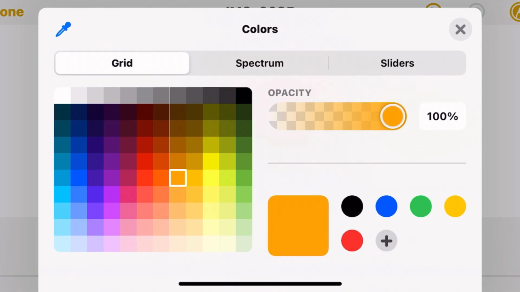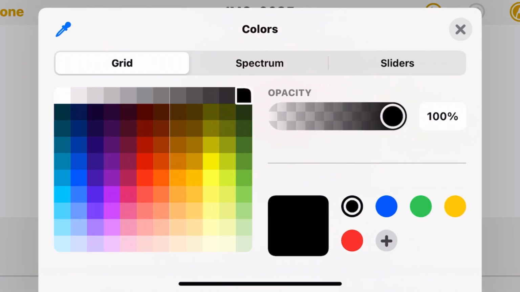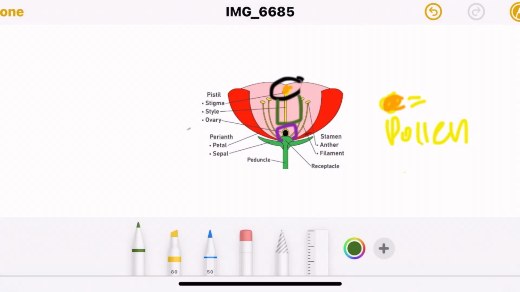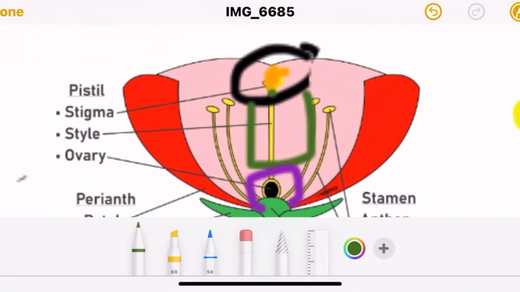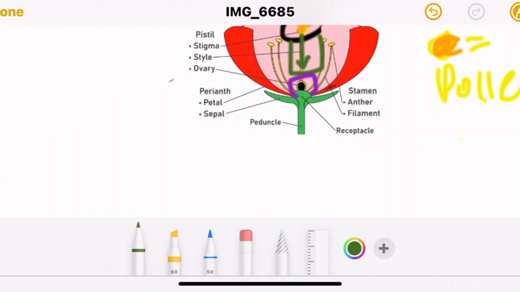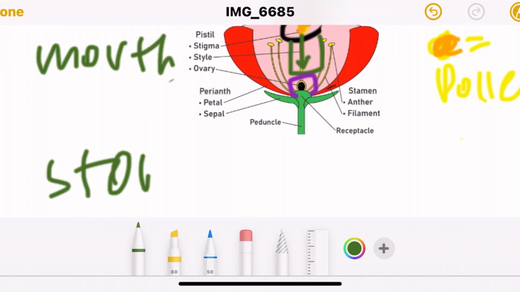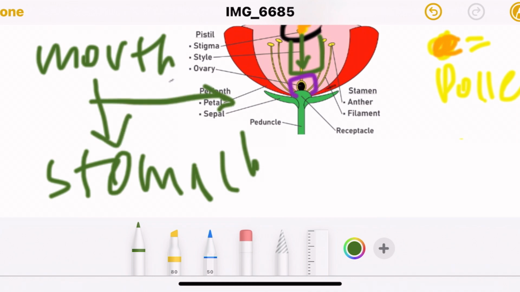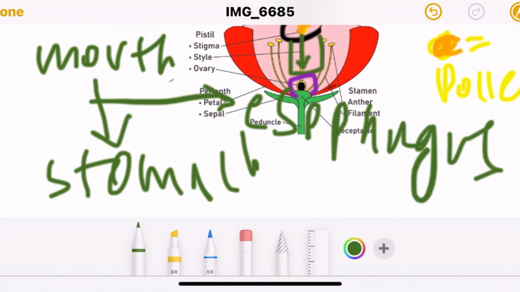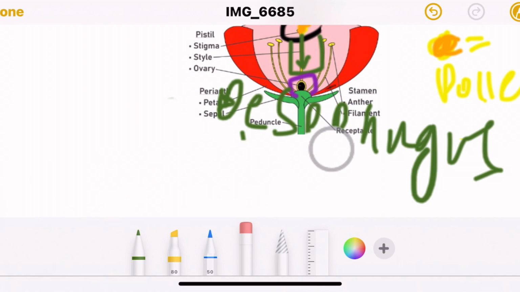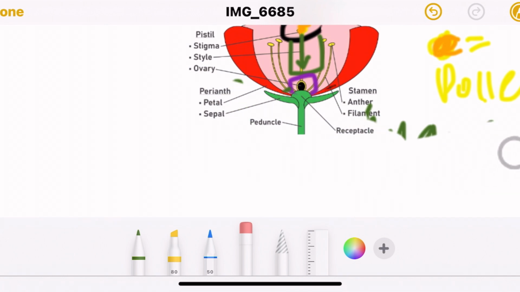And after collecting, what happens is that the pollen moves from the stigma through the style. So let's take the example. This is the mouth and this is our stomach. So from mouth to stomach, the food has to move through the esophagus. Likewise, where does the pollen have to reach?